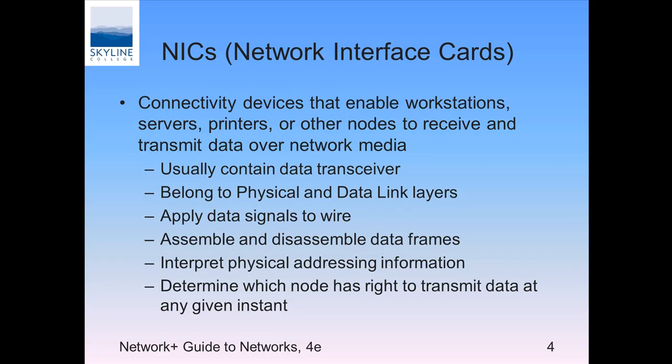A NIC is a connectivity device that enables workstations and servers to connect, and this is a really old one, on an expansion slot that you'll probably never see again. It's an ISA, Industry Standard Architecture, which is way back when. It's a 16-bit arrangement. But these usually contain a data transceiver, transmitter and receiver, so that you can put the signal on the wire and receive the signal.